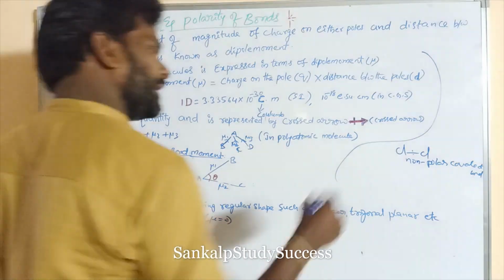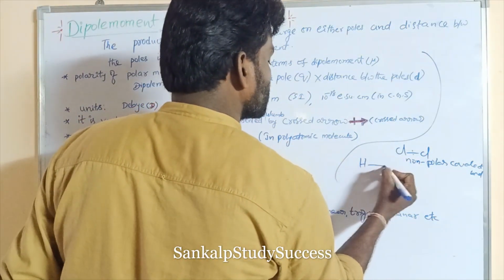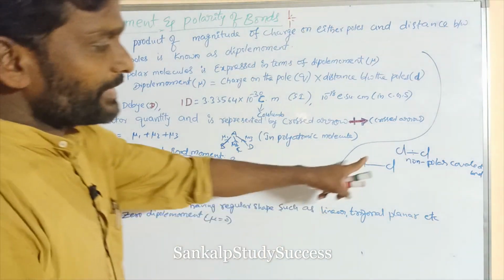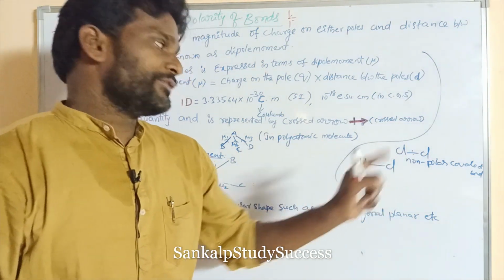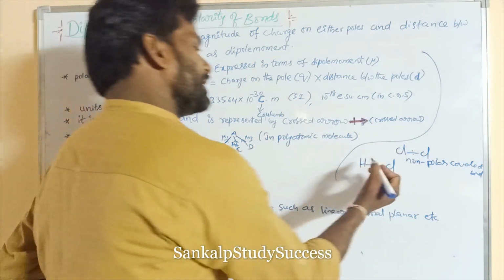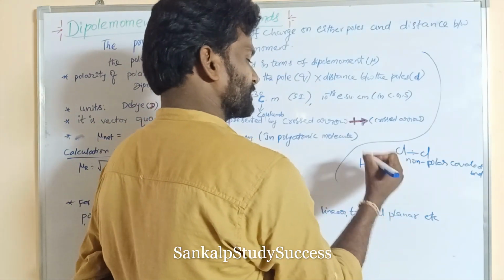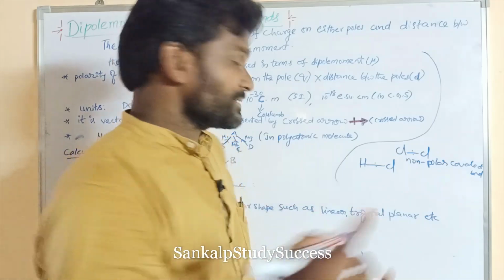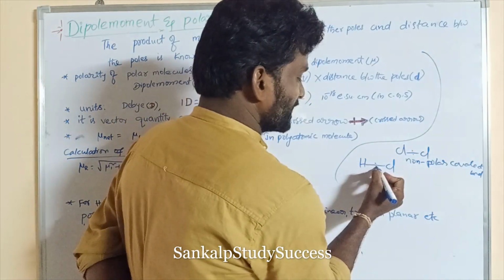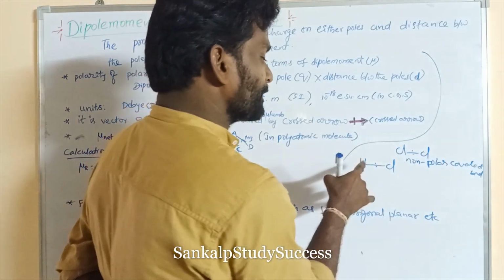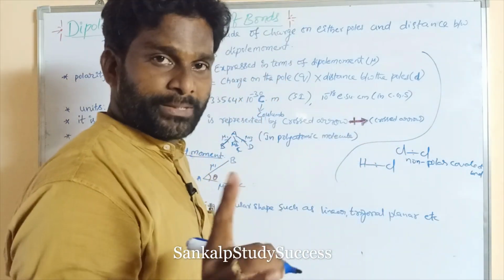Now if the covalent bond is present between two different atoms, the shared electron pair, which contains two electrons, is not present in the middle of the bond.